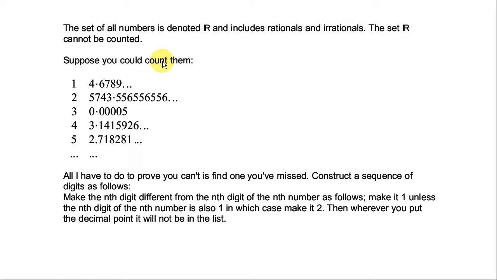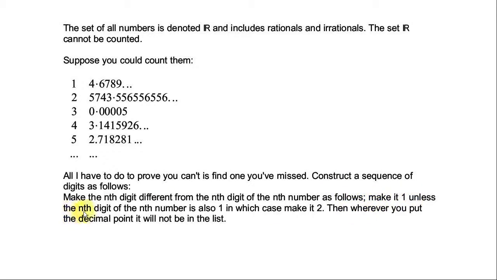Because suppose you could count them, and you could then write them down in a list like this. That's the first, that's the second, and so on. Then all I've got to do to prove that you can't do this is to find one that you've missed. And I can do this as follows. Construct first of all a sequence of digits, and make the nth digit in this sequence different from the nth digit of the nth number in the sequence, as follows.